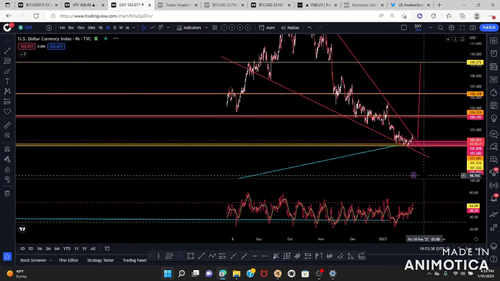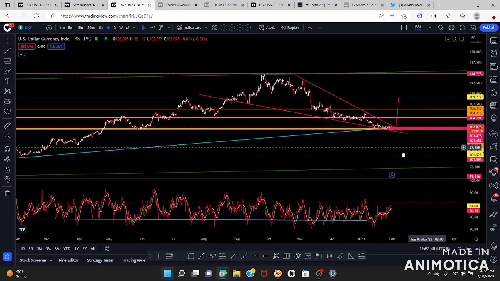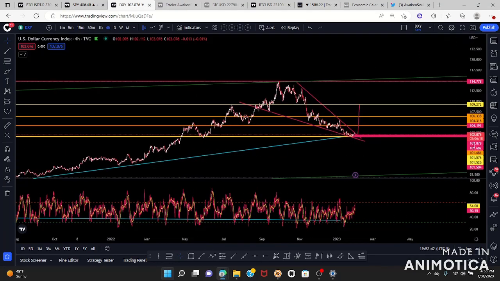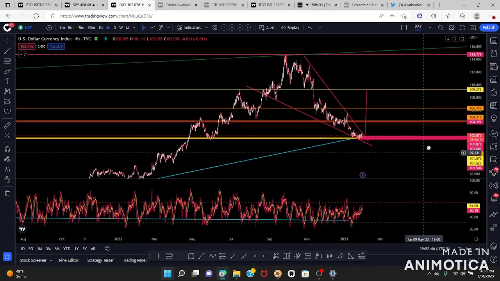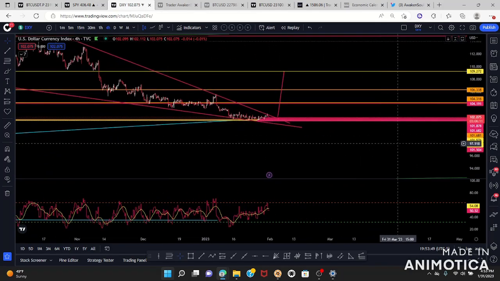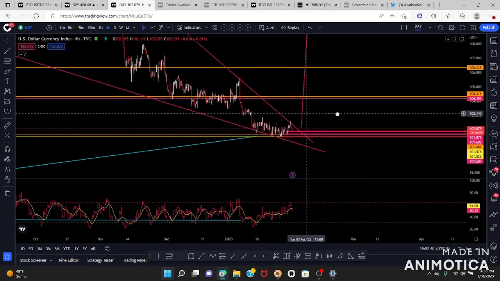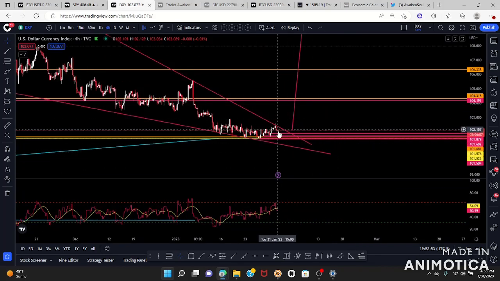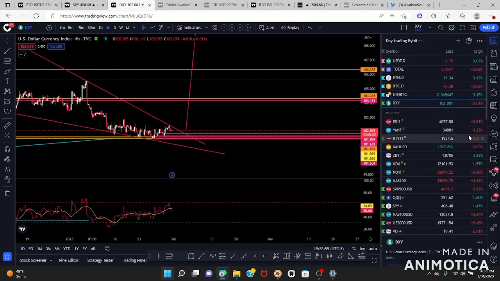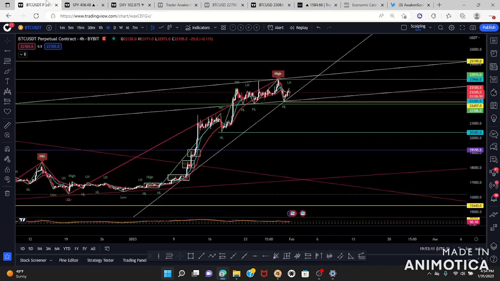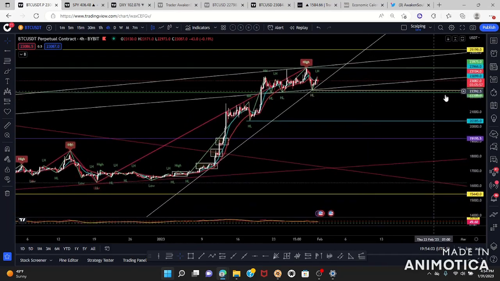We have this falling wedge, and falling wedges break to the upside, and this is a measured move to 109, and as we can see right now, it is breaking. So if the DXY moves to the upside, guess what? Indices move to the downside. So it's kind of opposite of cryptocurrency. And yeah, my TA's been telling me bearish.